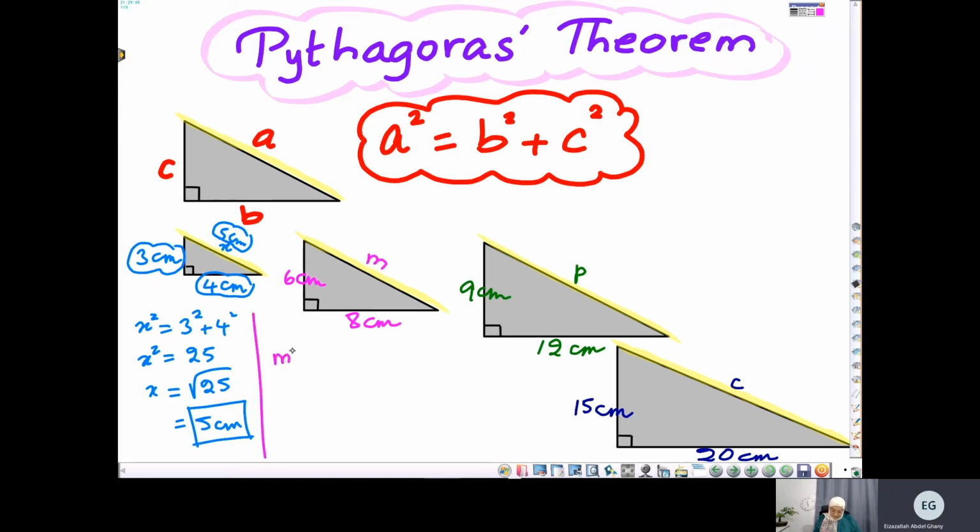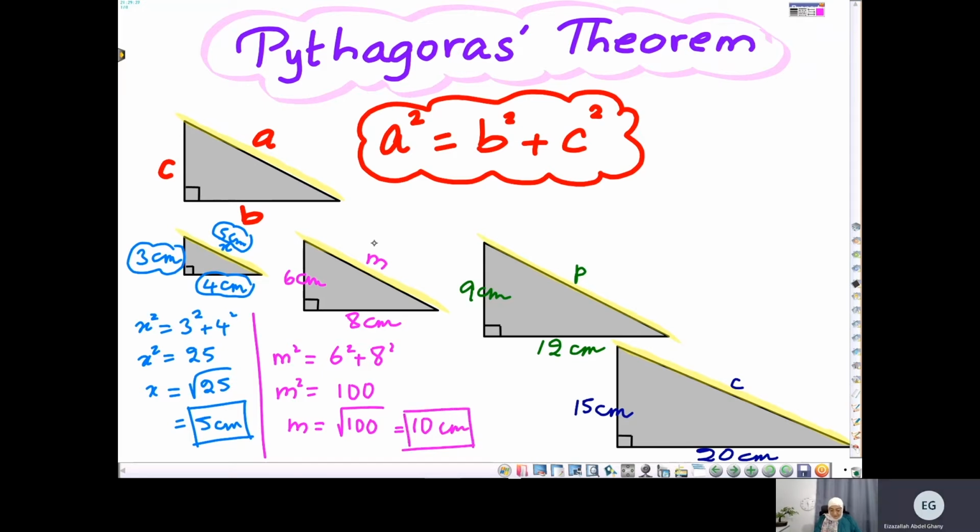So m squared is equal to 6 squared plus 8 squared. Without a calculator, 36 plus 64 is 100. So without squaring, you need to find the square root of both sides. The square root of 100 is 10 centimeters.